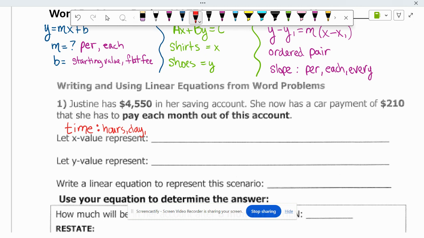So is there any kind of element or increment of time in this word problem? What is it? Each month. Yeah, month. So that means that we're going to let x equal the number of months. Okay. So let's talk about what she's starting with. What does she have in her account right now?